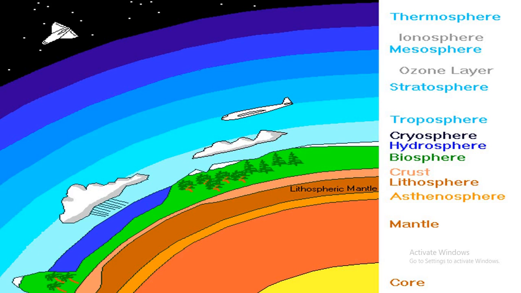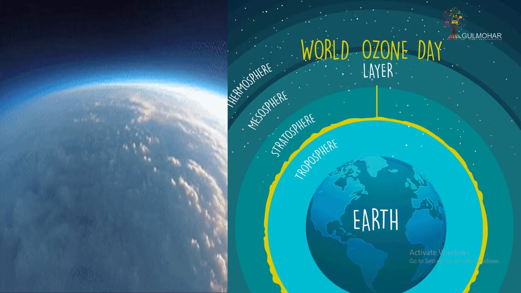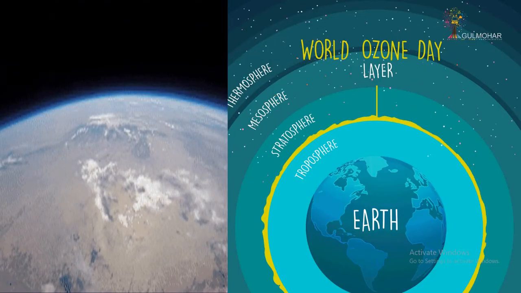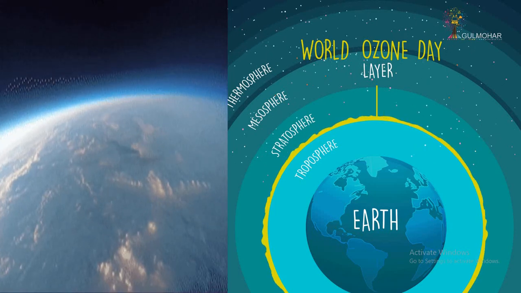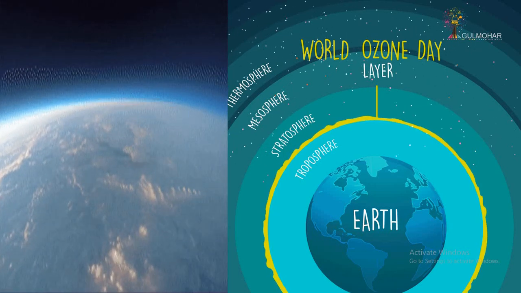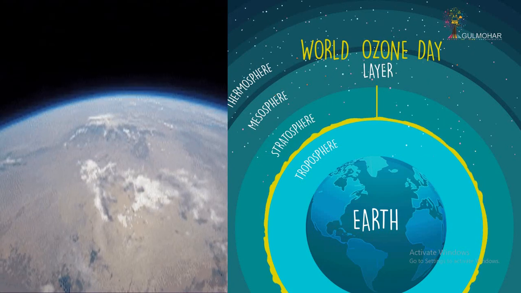That is what the atmospheric layers are: troposphere, stratosphere, mesosphere, thermosphere, and the final stage is exosphere. You can see the layers here divided with different colors. Yes, exosphere is the uppermost layer, that is after thermosphere.